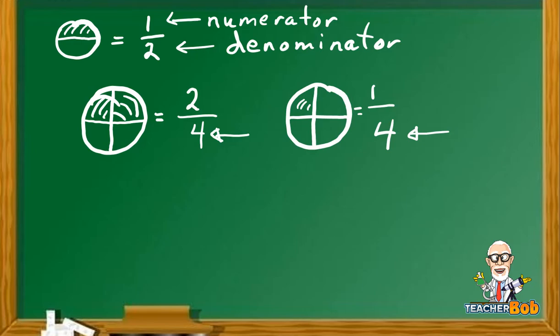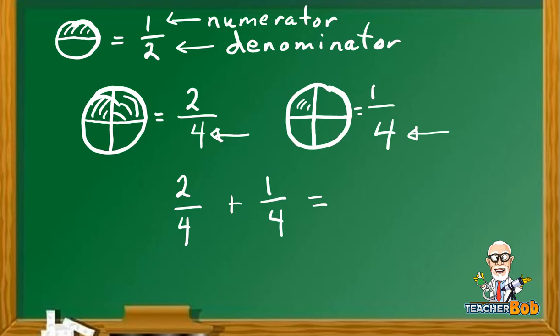Now, if we were to add these 2 fractions, after all, today the subject is adding fractions with common denominators, 2/4 plus 1/4. Our denominators are the same. Our numerators don't have to be.